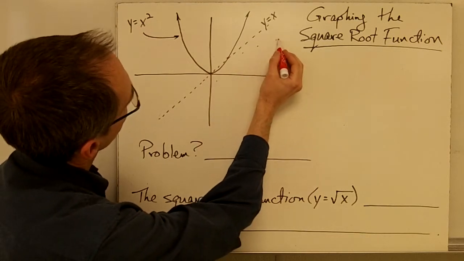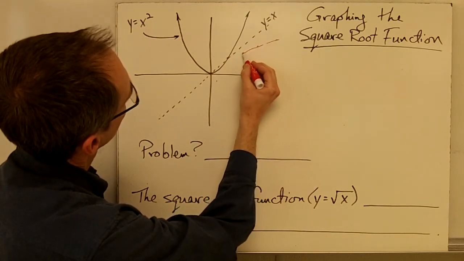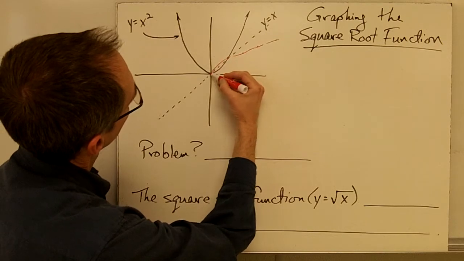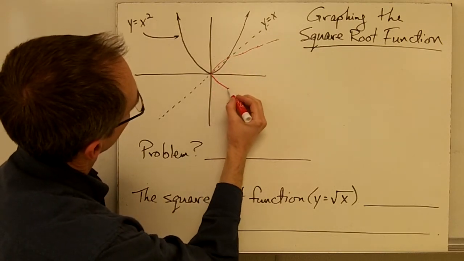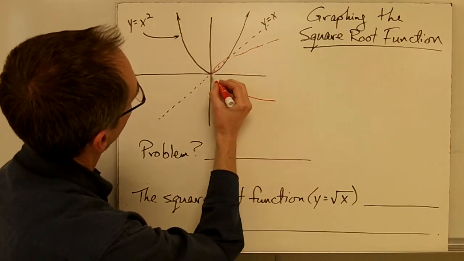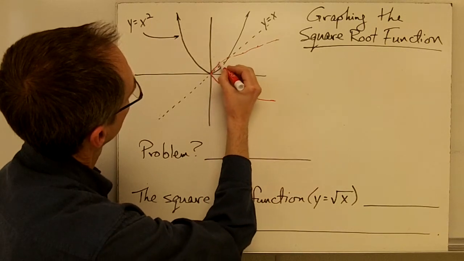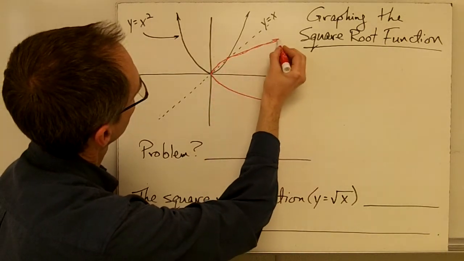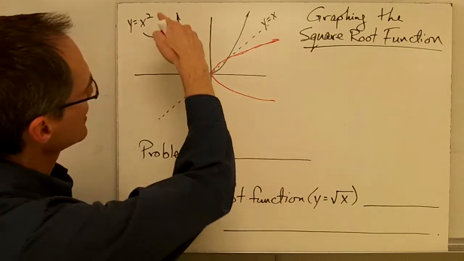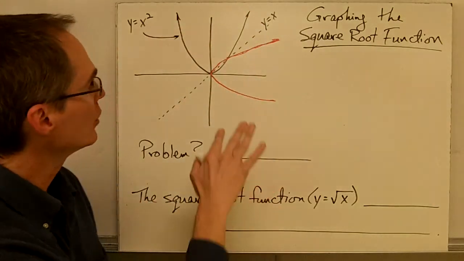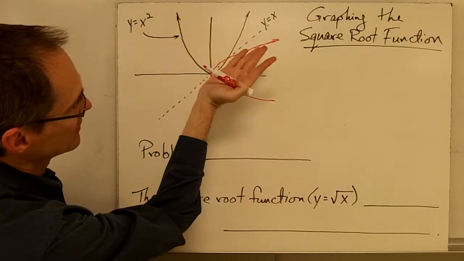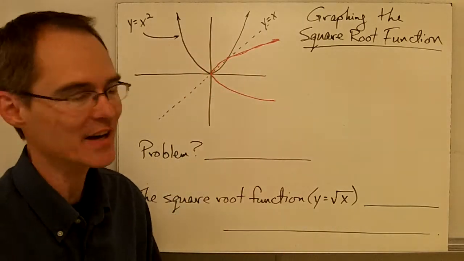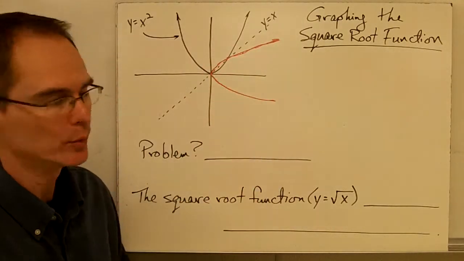I start out with a right side up U, and after I reflect it across the line y equals x, I get this sideways looking U.